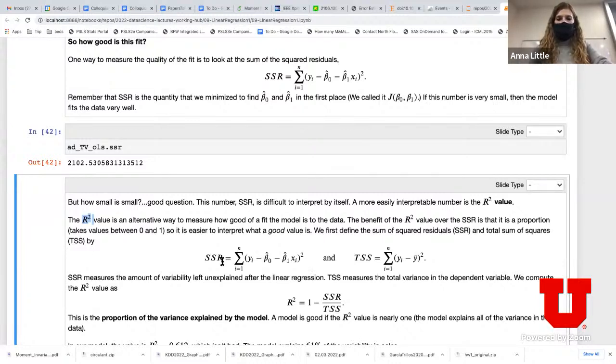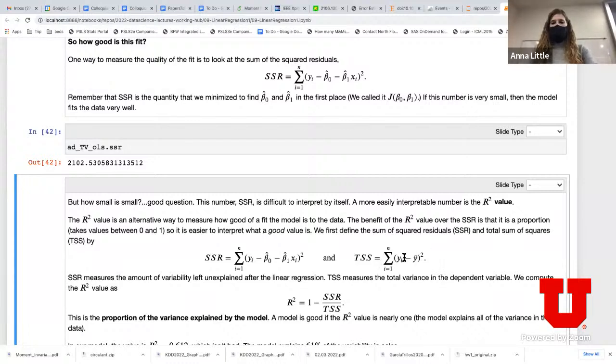And so basically what we do, we compute the SSR. We're looking at Y minus Y hat squared. So we're looking at the variation that's not described by the linear model, because we're looking at that deviation.